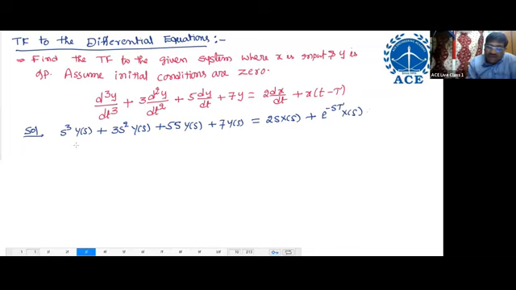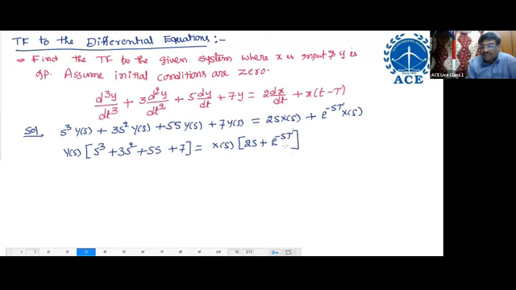Now take the ratio. Y of s term take it common, x of s take it common and find the ratio. If you take y of s common, s cube plus 3s square plus 5s plus 7 equal to x of s take it common, 2s plus e power minus s tau.